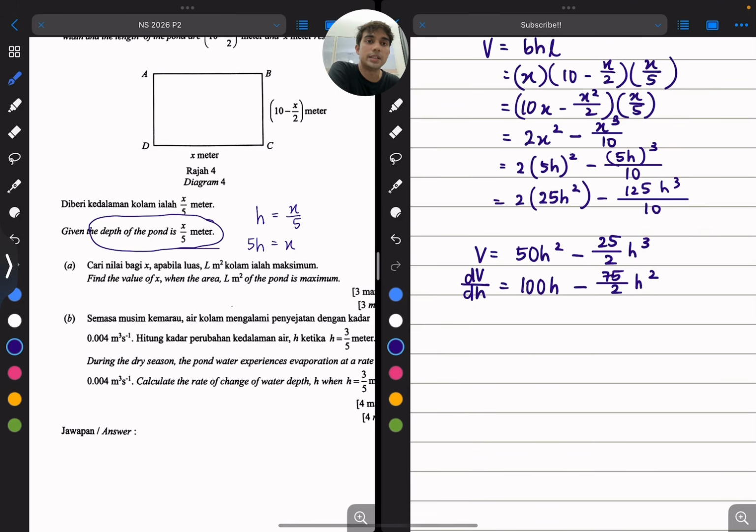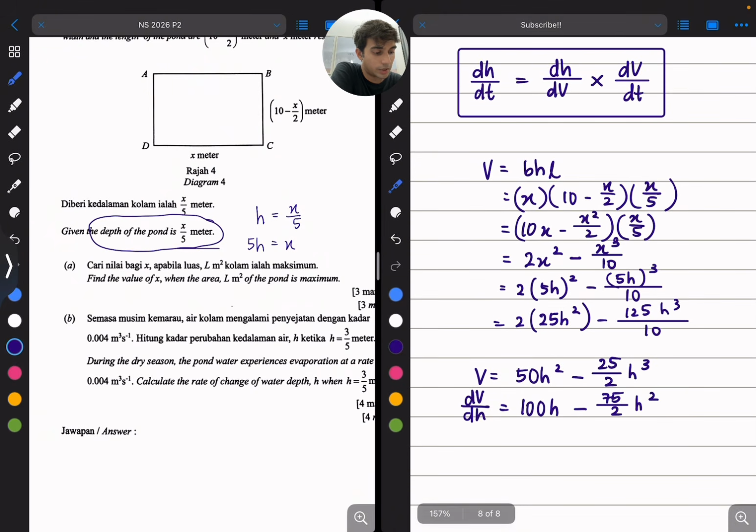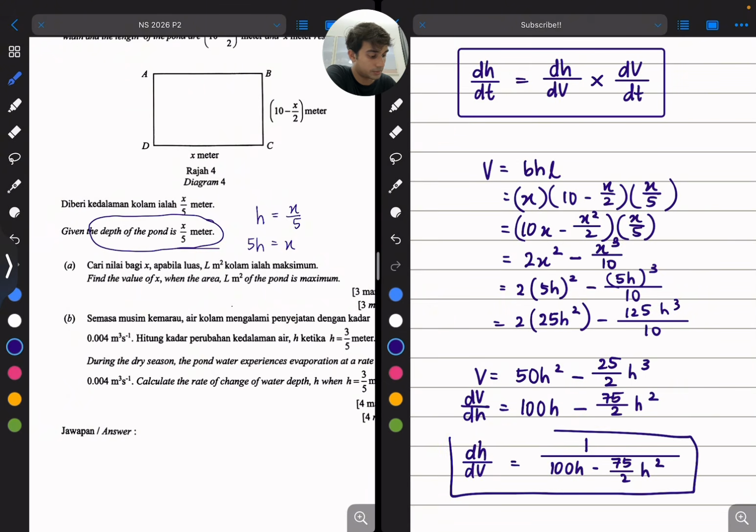This is our dV dH. So now we can use our chain rule already lah. But our chain rule wants dH dV. So if dV dH is this, dh dv, you just do 1 over this. Inverse. 100h minus 75 over 2 h square. This will be our dh dv.